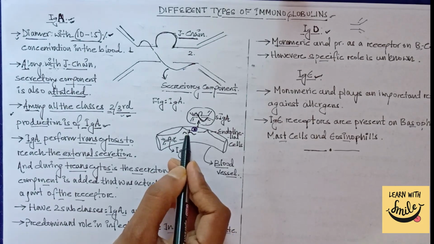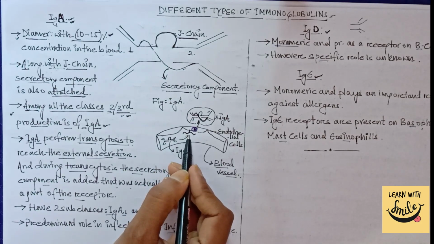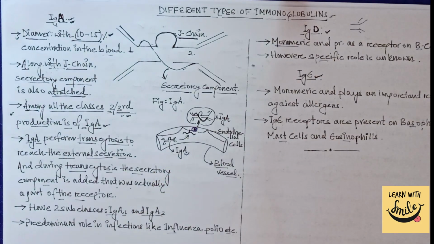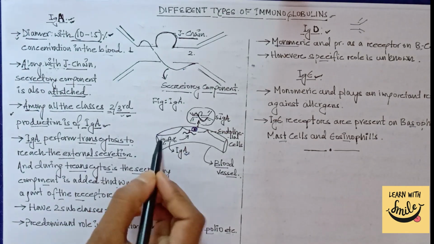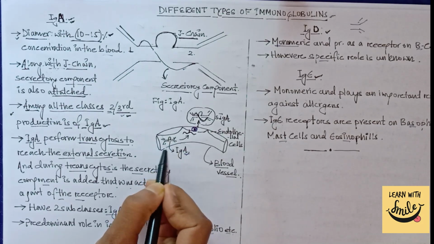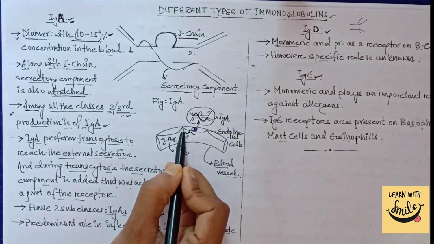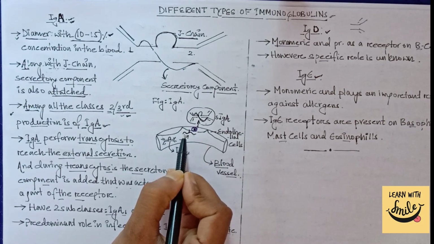One of the media is a receptor. By interacting with the receptor, it can move out of the blood vessel and reach its destination, that is the external secretion. The presence of the J chain helps immunoglobulin A interact with the surface receptor present on the endothelial cell surface.